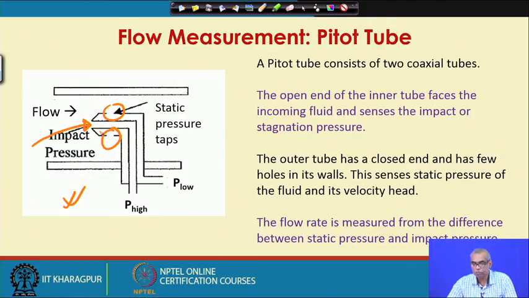The inner tube faces the incoming fluid and this senses the impact pressure or the stagnation pressure. The outer tube has holes in its wall and this senses static pressure of the fluid and its velocity head. The flow rate is measured from the difference between static pressure and impact pressure.